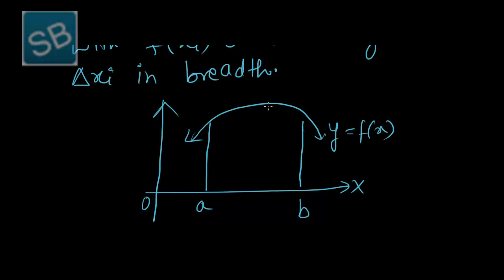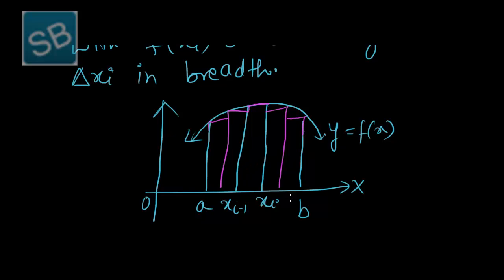For this interval, between x(i-1) and xi, we have a point such that f(xi') is the minimum value, and we construct the rectangle with that value. This is a rectangle. Now we have to construct more rectangles, here between a and b.